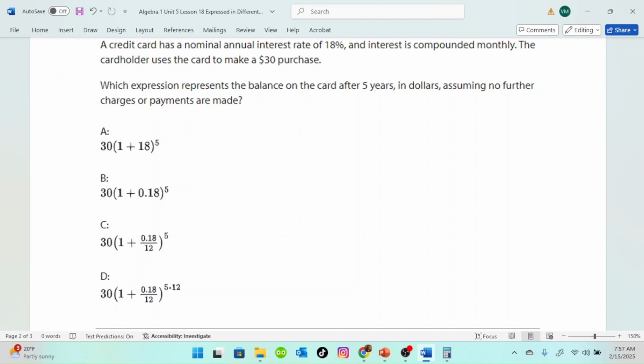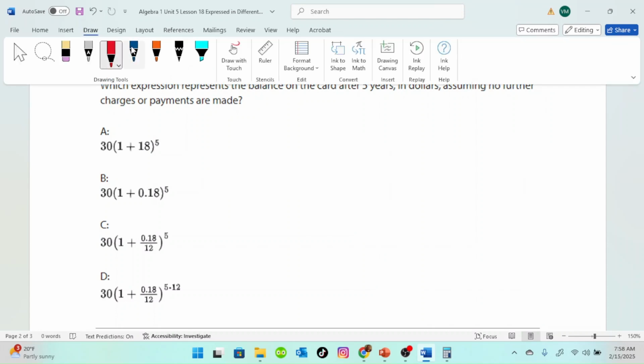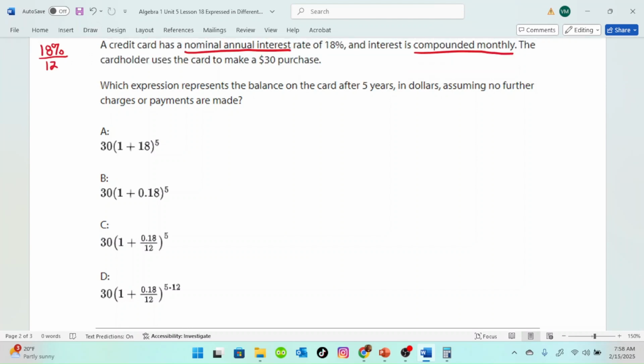So, a few things we need to make sure you understand. Nominal annual interest rate means that you take the interest rate of 18% and you divide that over the 12 months. And then you compound it monthly. So what we want to do is look and see what each of these actually means. A says we have the $30 initial times 1 plus 18.